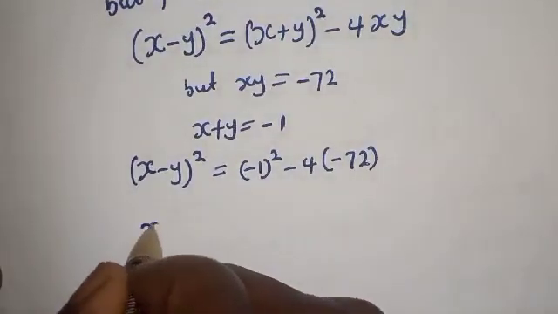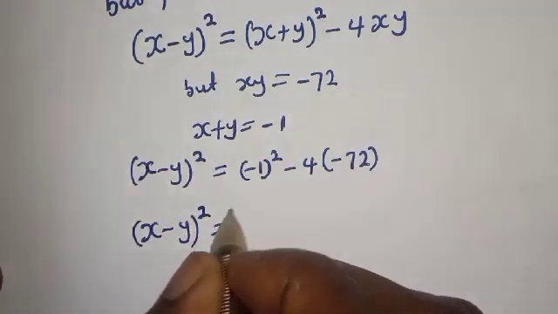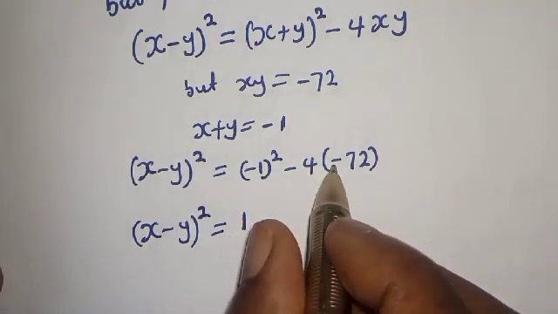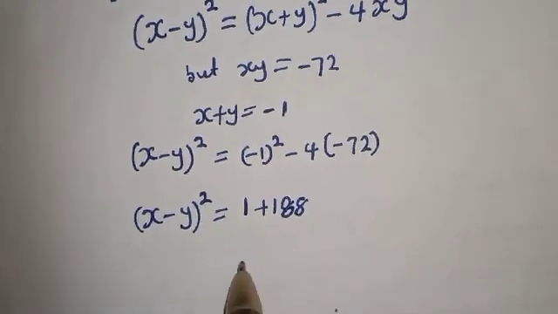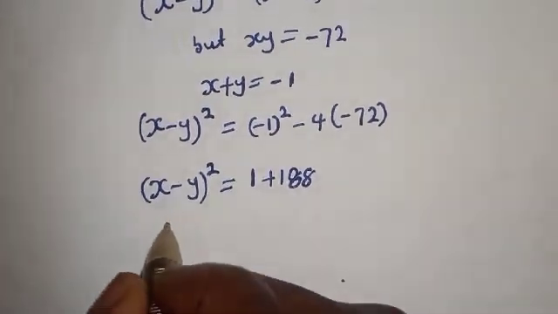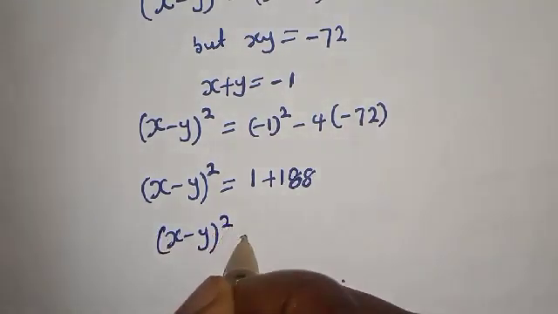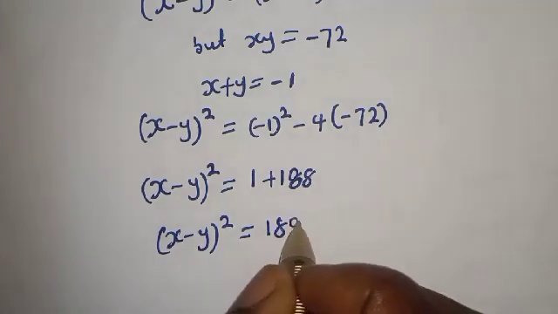So this is (x minus y) squared is equal to 1 minus 4 times minus 72, that is plus 288. And this is (x minus y) squared is equal to 1 plus 288, that is 289.